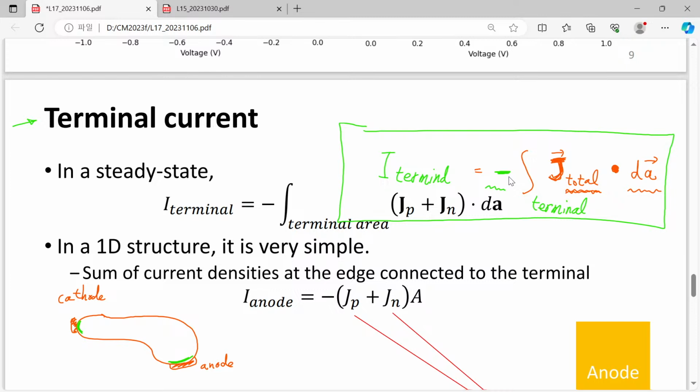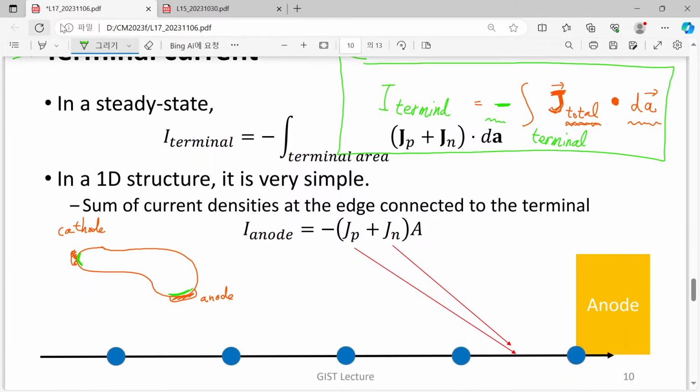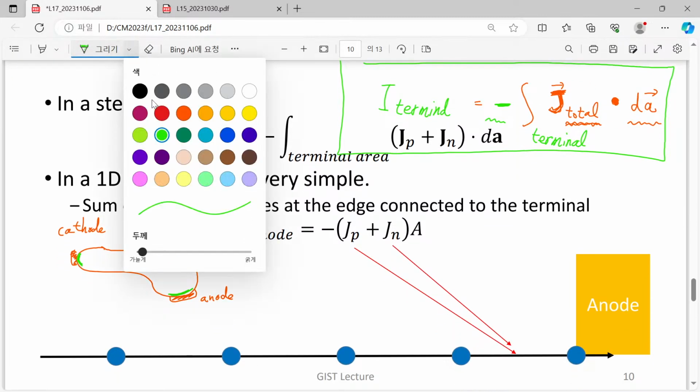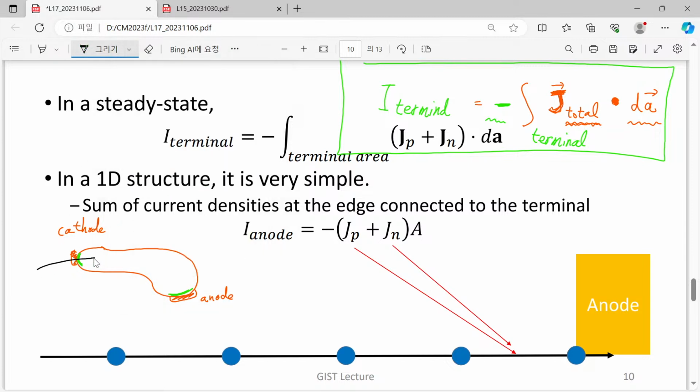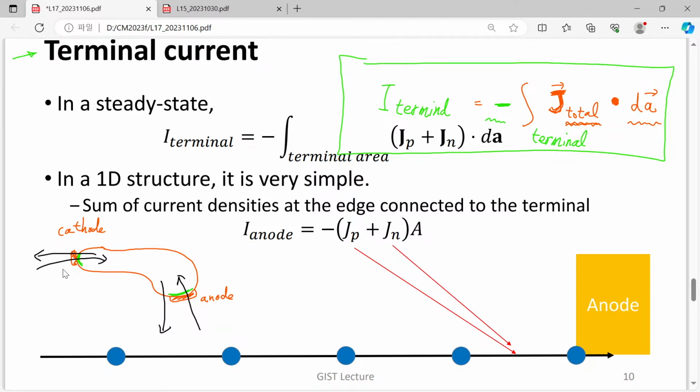Simply speaking, it's like this. If you have incoming current, if your current density flows in this way, then you have a positive terminal current. If you have outgoing, escaping terminal current density, then that is regarded as negative.